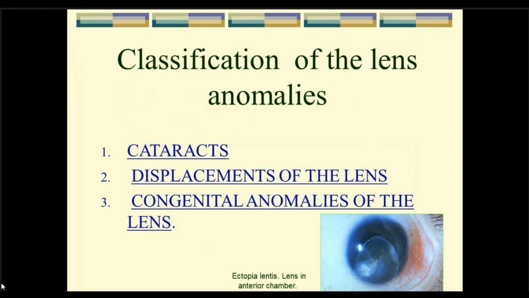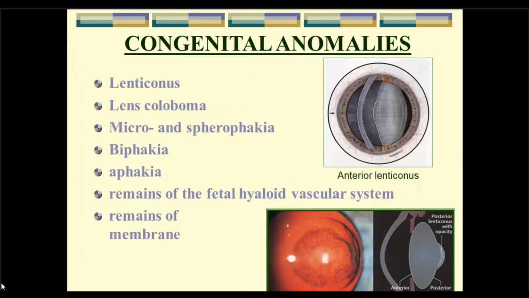Here is the anterior chamber, here is the pupil, and the lens is in contact with the vitreous body posteriorly.